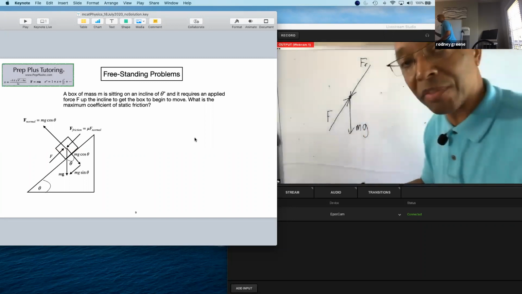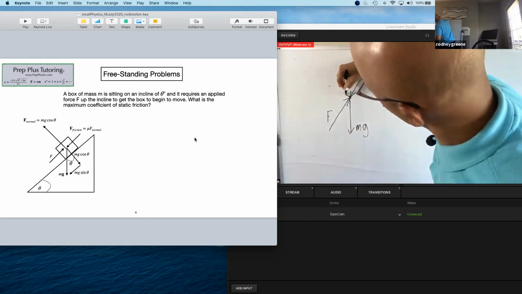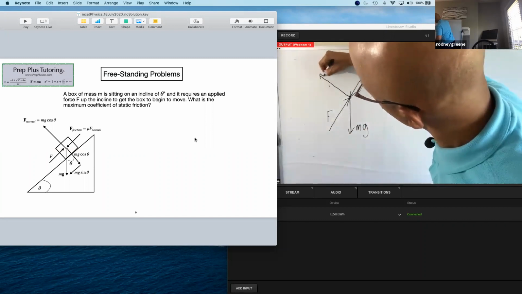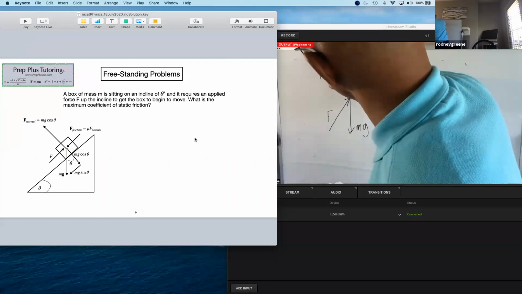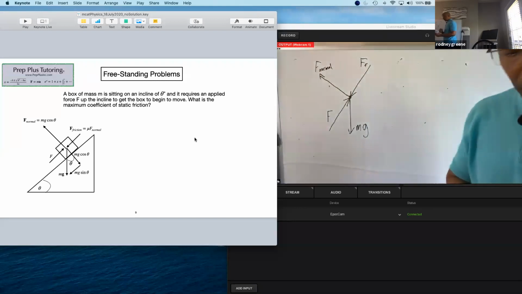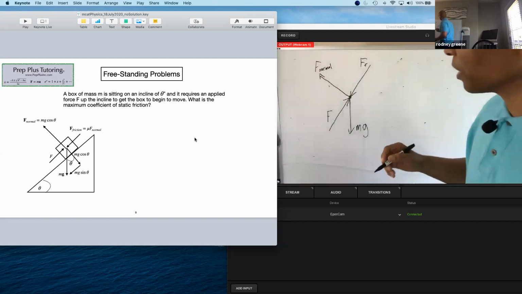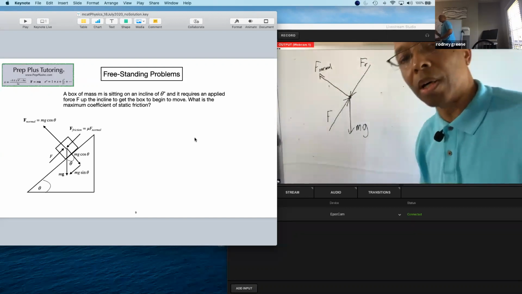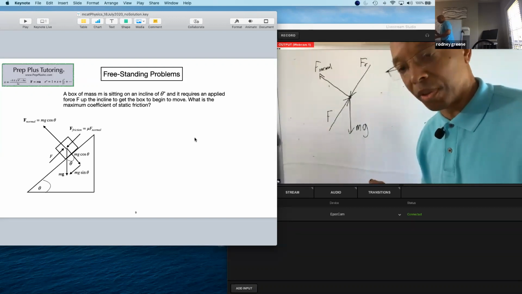So we're going to have to figure out what the normal force is. So we're going to draw the normal force. So this is F normal. So this is the raw free body diagram for this problem.